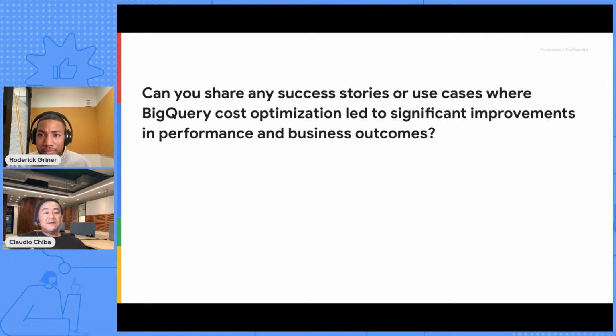They also received recommendations on potential clustering and partitioning. About 50% of their tables are not partitioned, and they also have two projects that consistently are using on demand, but they can be converted to flat rate slots with auto scaling.